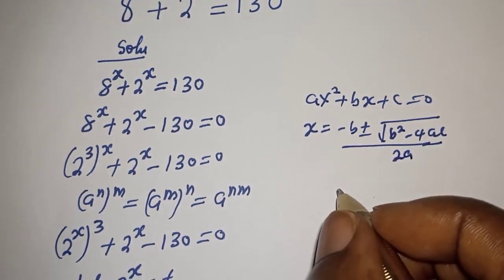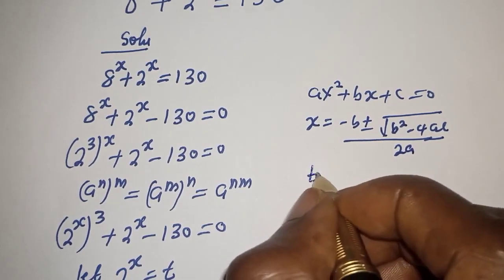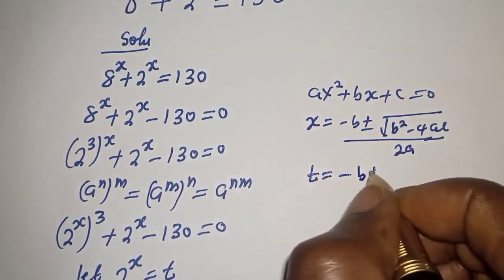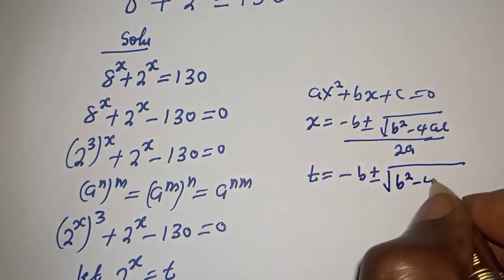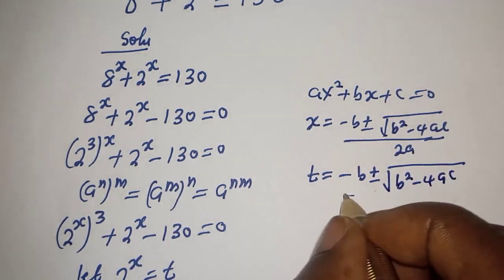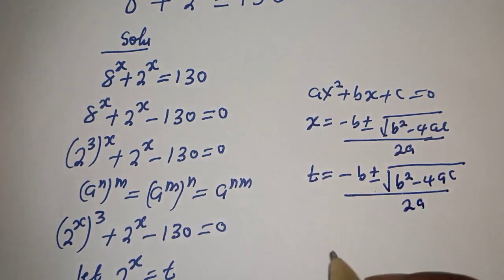But in this case, t will be equal to minus b plus or minus square root of b squared minus 4ac over 2a.